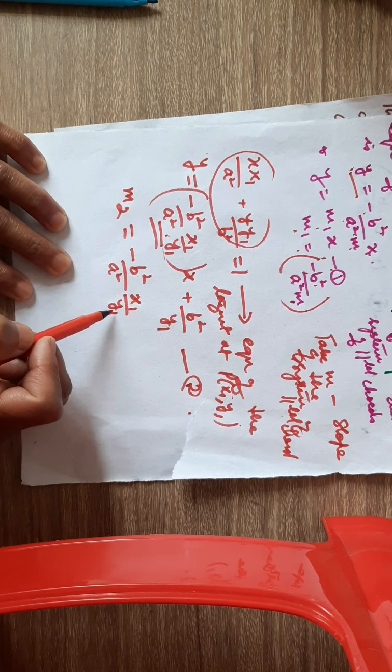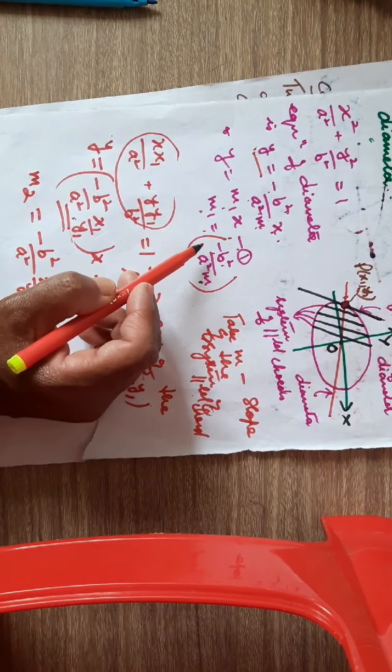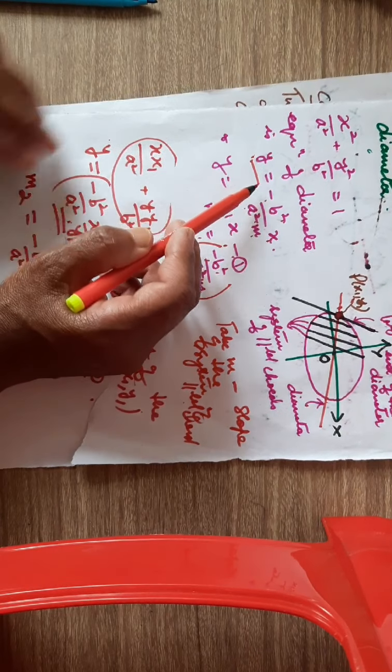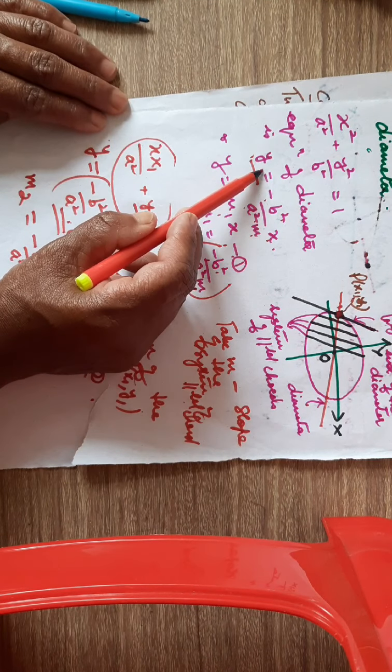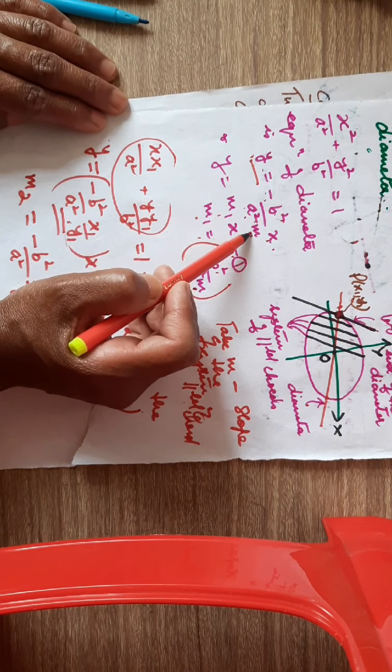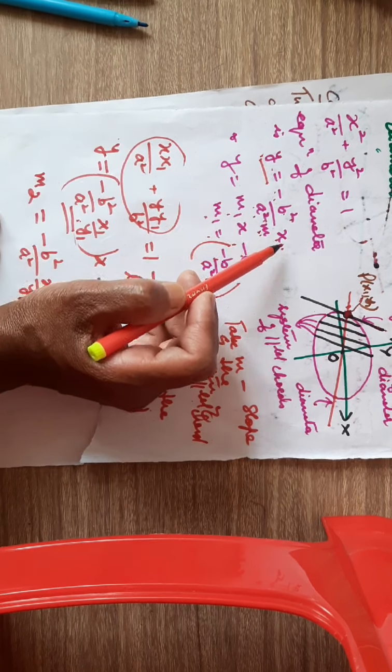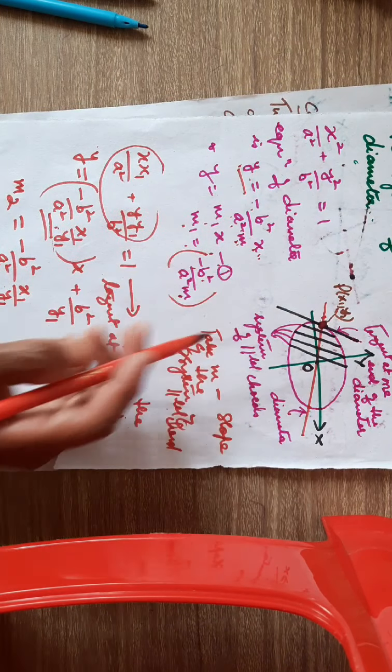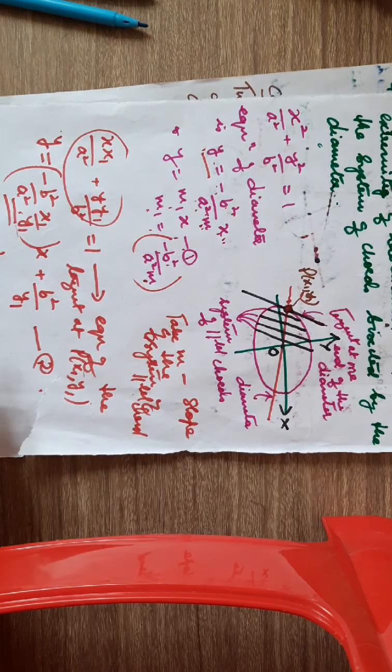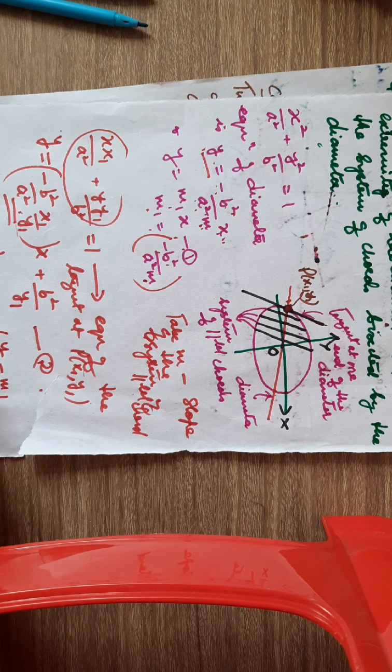But what is this one? We have y is equal to minus b square by a square m into x. So you can find out what is x from here. From that equation 1, you'll get y by x is equal to m1.